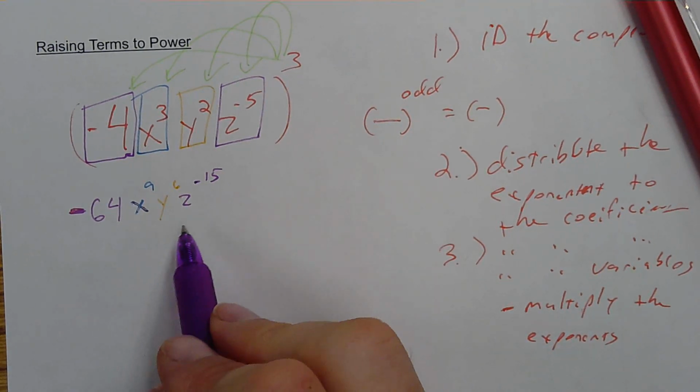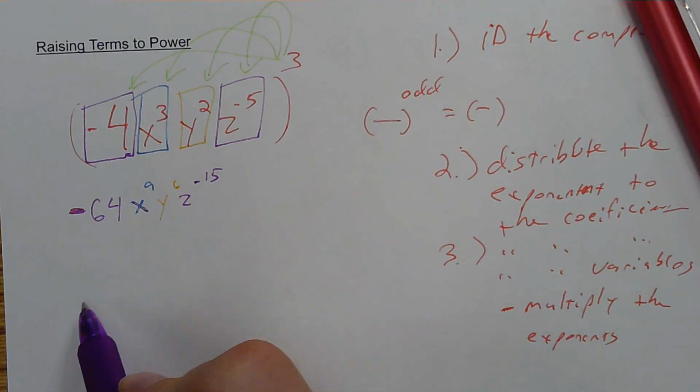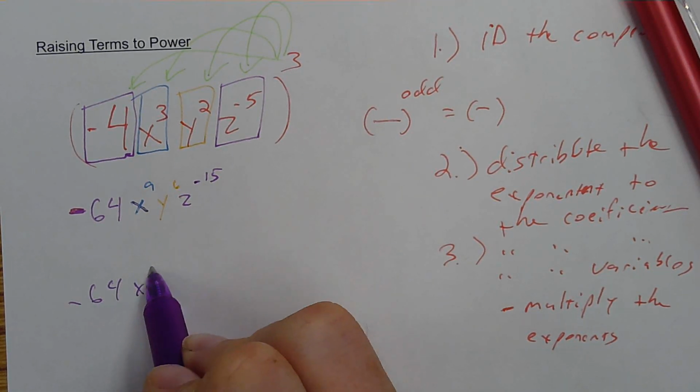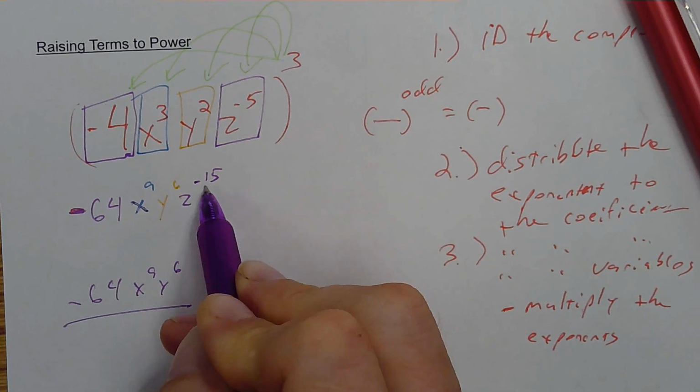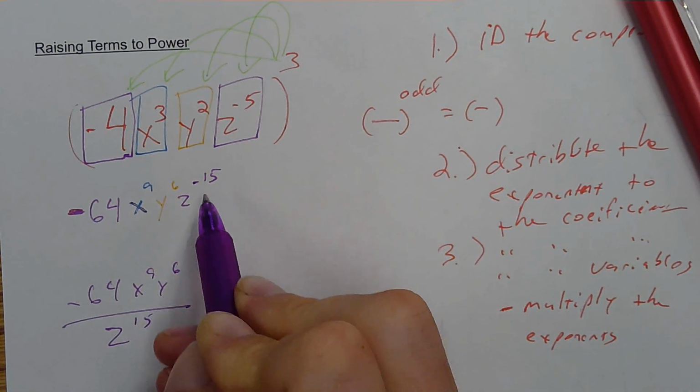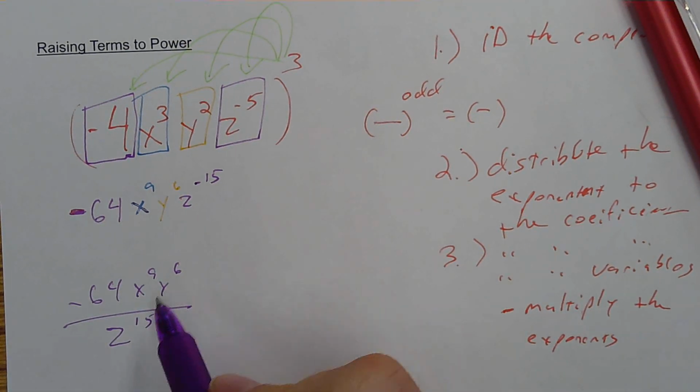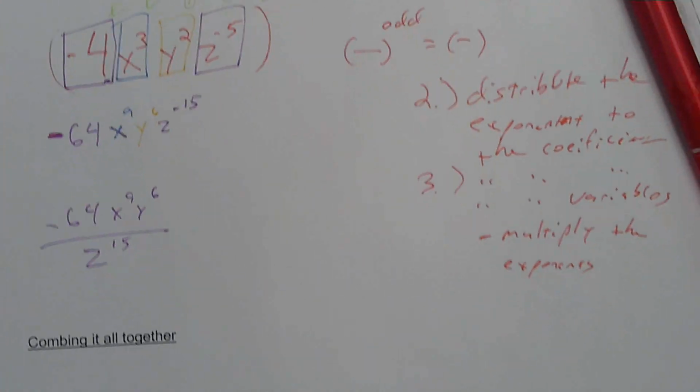If I want to leave that, that's fine. But I can also write negative 64 times x to the 9th, y to the 6th, and put z to the 15th over a fraction to get rid of the negative sign in the exponent.